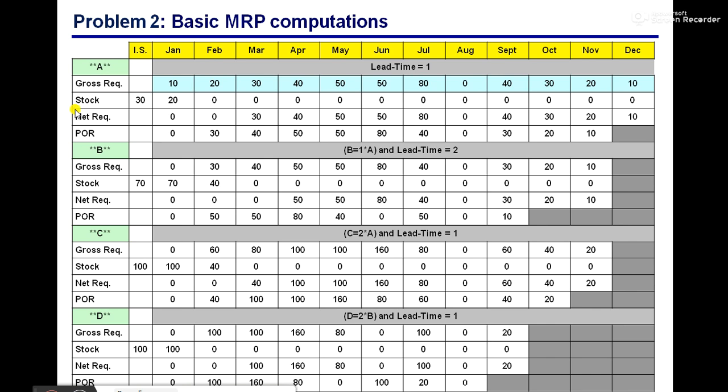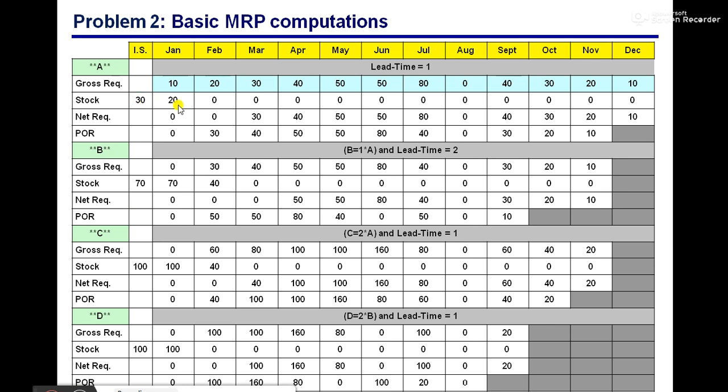I'm gonna start with product A. A is the finished product, so the gross requirements are provided in the sales plan given to you in the exercise. The initial stock is 30, which is also provided in the exercise.